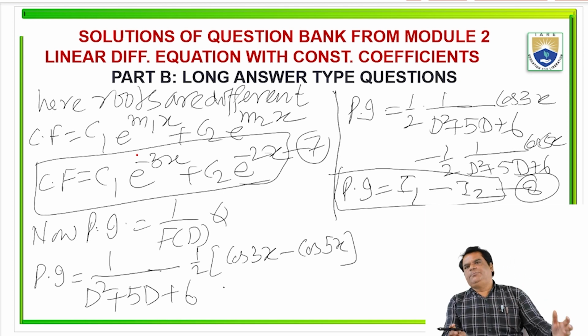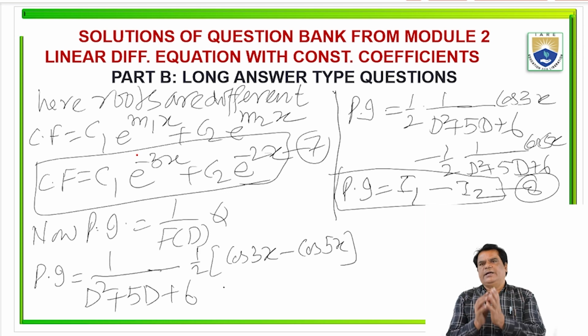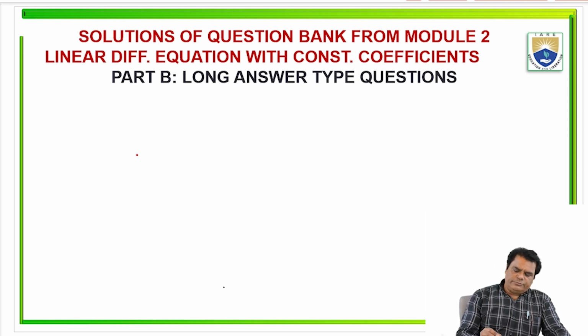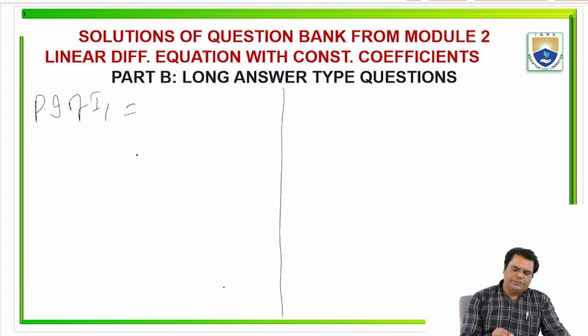Now we find the PI of I1 and PI of I2, then subtract I1 minus I2. So now the second part. Here PI of I1 is 1 upon 2 of 1 upon (D square plus 5D plus 6) into cos 3x.